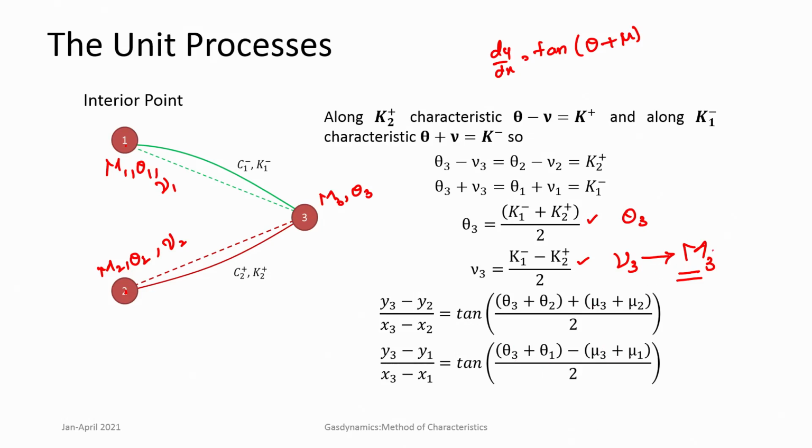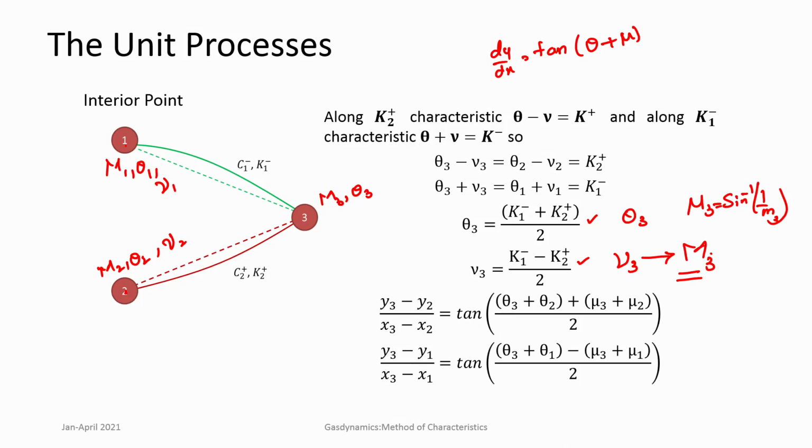Once you know M3, nu 3, mu 3 can be determined, it is just sin inverse 1 by M3. Okay. So, you will know mu 3 already. This is the case for an interior point where it is well within the flow field.